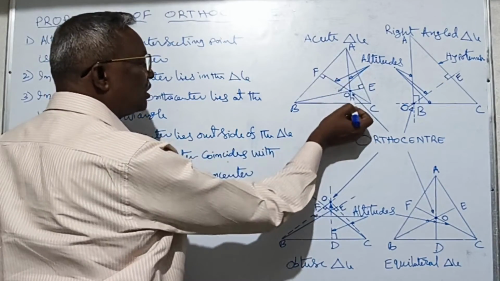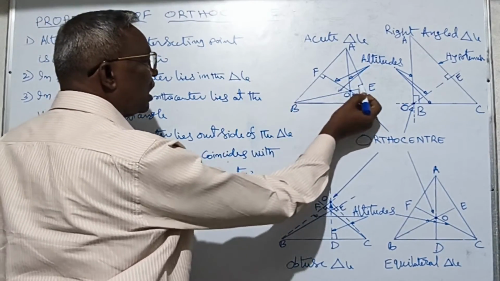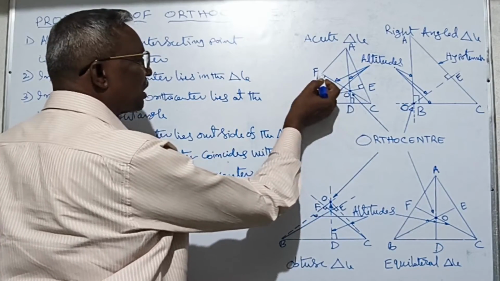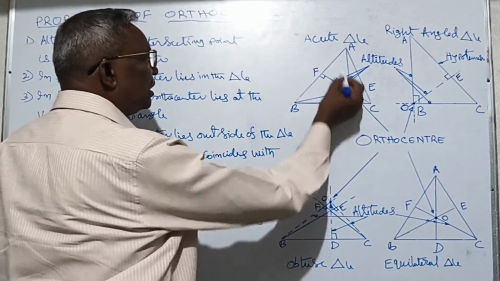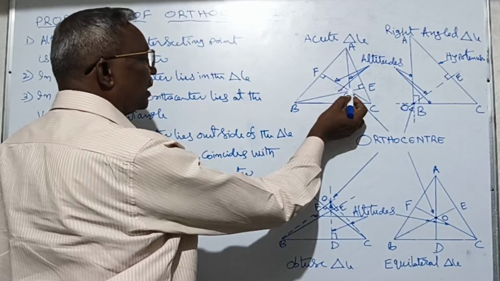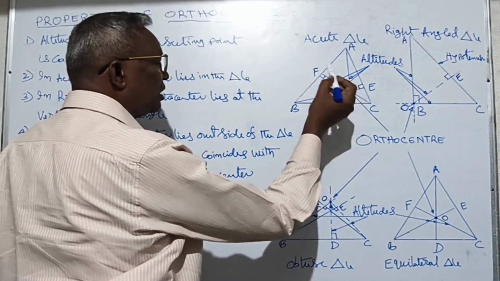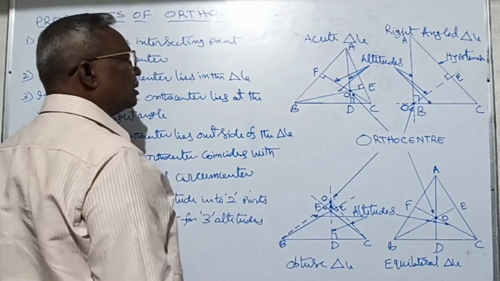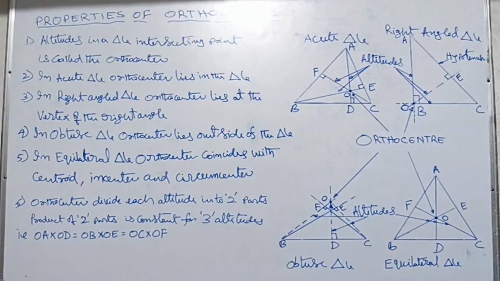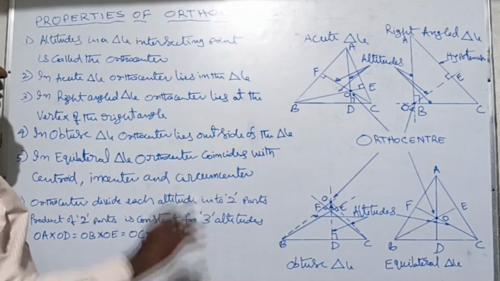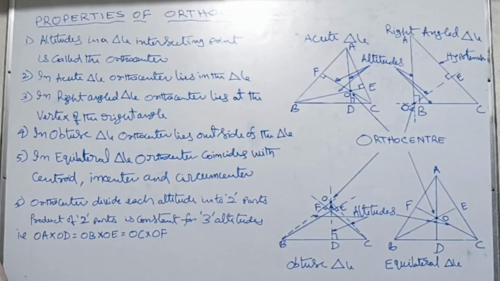So this is one altitude, this is other altitude, this is some other altitude. These three altitudes are concurrent. That concurrent point is called orthocenter. Now you understood what is an orthocenter, what is an altitude.